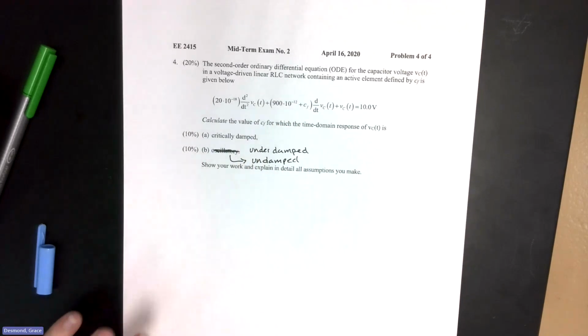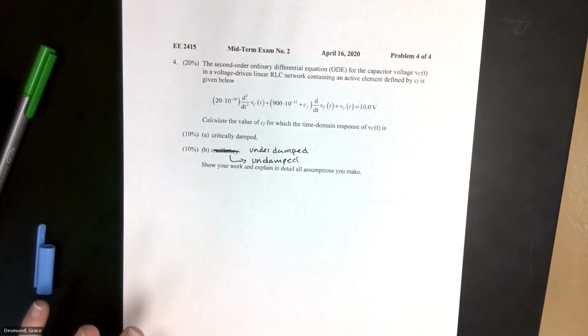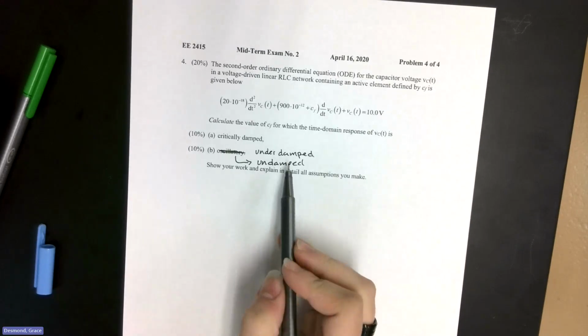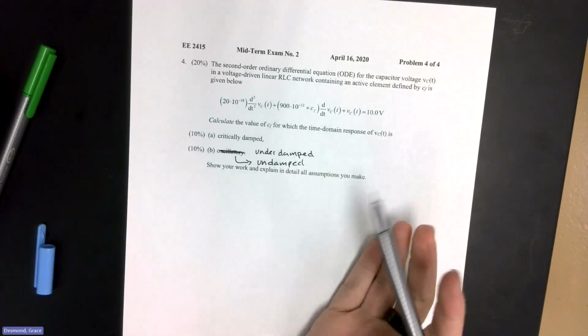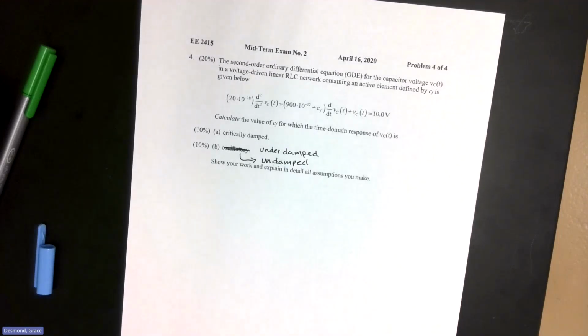So oscillatory means undamped. This is the same thing. Underdamped, he didn't ask for, but we're gonna solve it because that's probably what he's gonna ask.